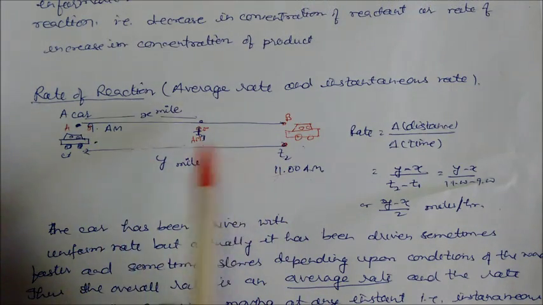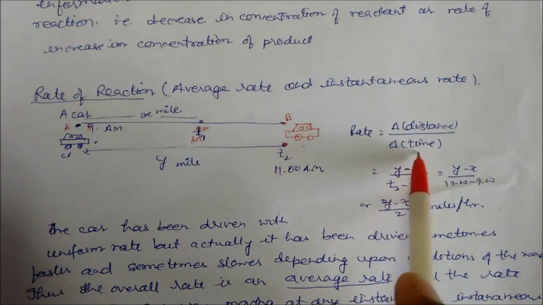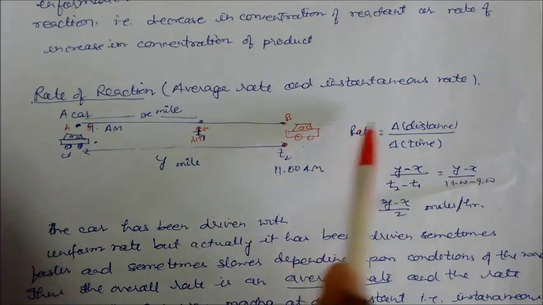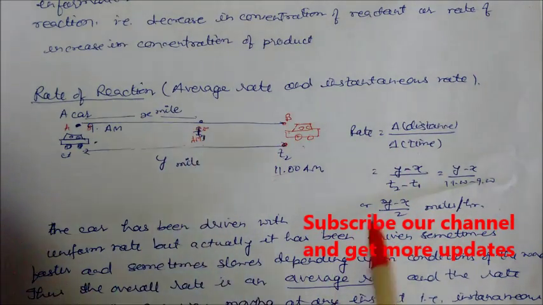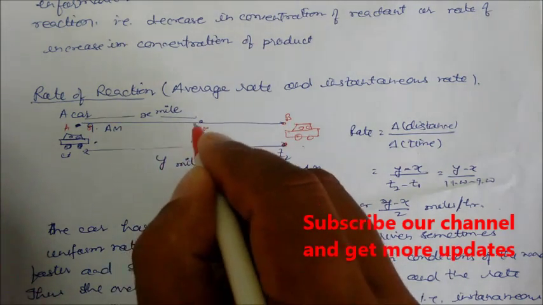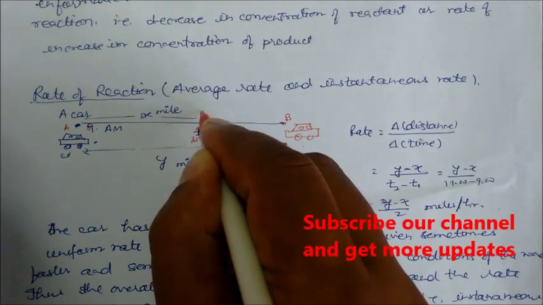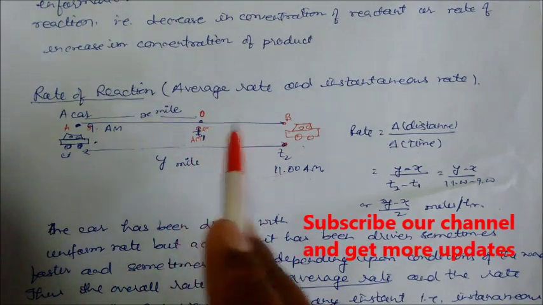So what is the rate of velocity of the car? We write change in distance by change in time. Suppose this starting point is 0, or O. What was the average rate of the car from O to B?